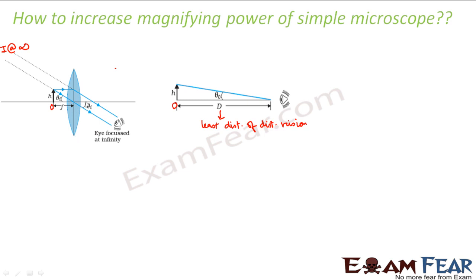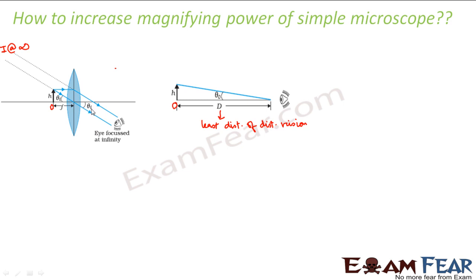So now let us try to calculate the magnification when the object is situated at the focus and the image is formed at infinity. In this case, the angle subtended on the eye is theta.